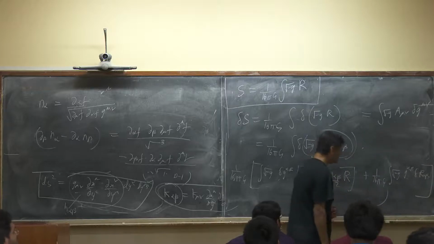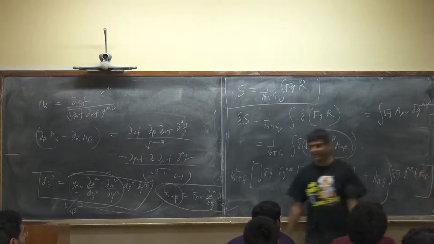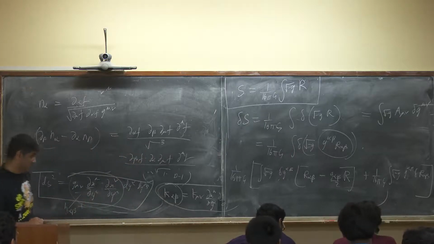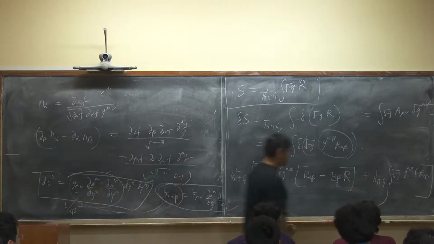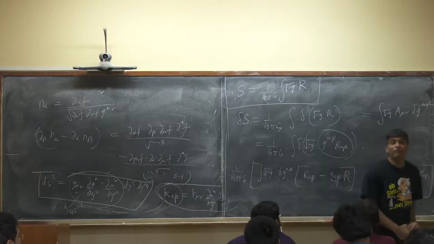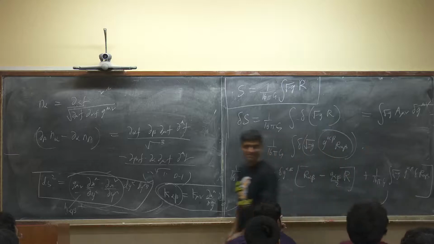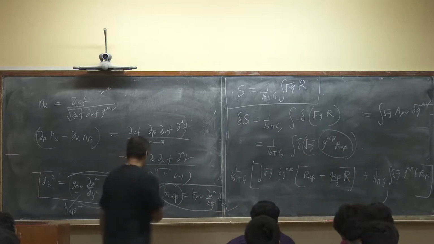These two are simple things. This thing looks pretty complicated. Okay, it looks pretty complicated, but fortunately it turns out to be a total derivative, as I will now explain.